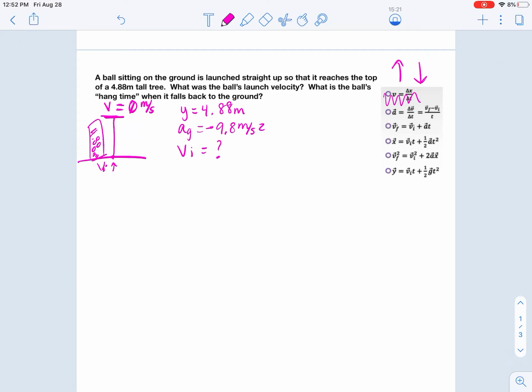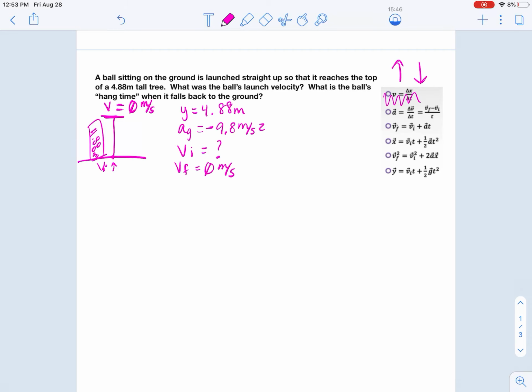So since I can take this up-down motion and evaluate it in pieces or in halves, if I choose to say that we're measuring from the ground up so that the top is the end of the motion that I am considering for my calculation, I can put VF equals 0 on my list of information that I know that I have to work with in this problem.